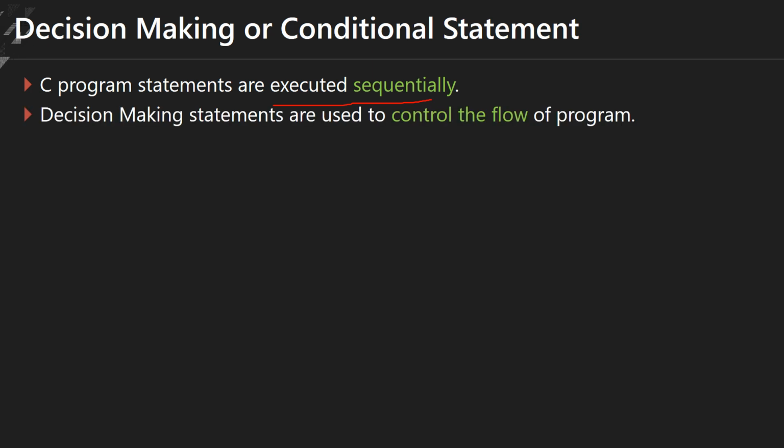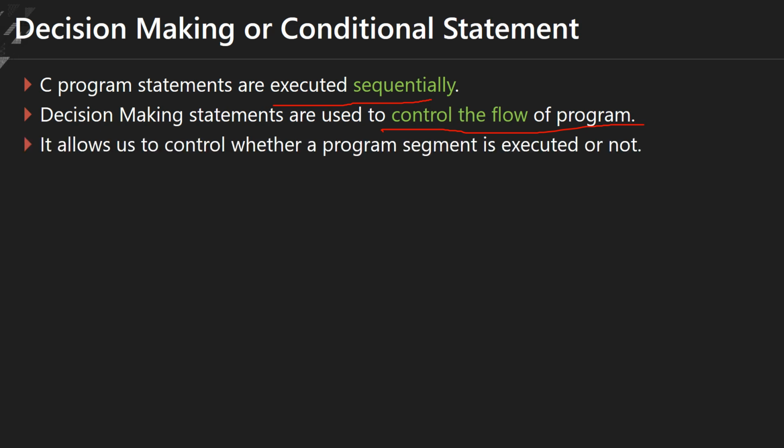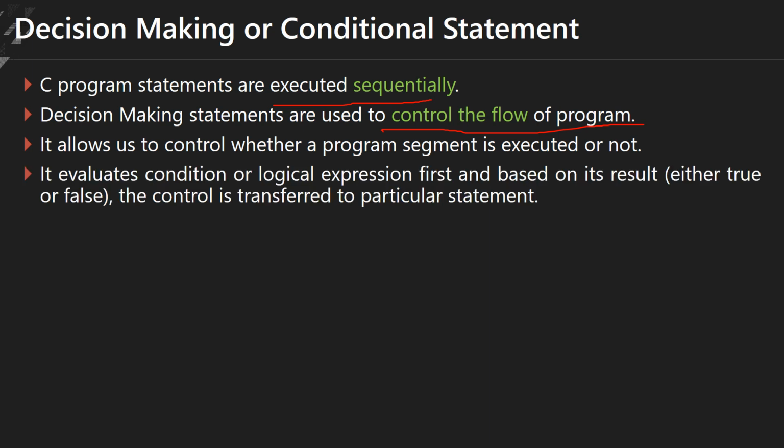Decision making statements are used to control the flow of programs. That is the second important point to remember: the decision making or conditional statement allows us to control whether a program segment executes or not. That also gives control to the programmer, and it can evaluate the logical expression.